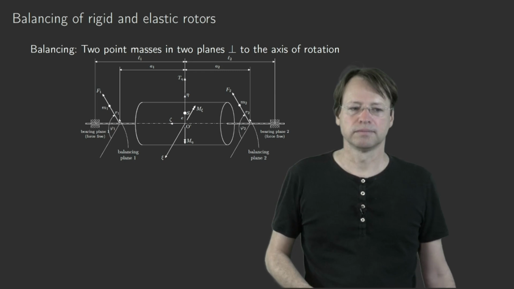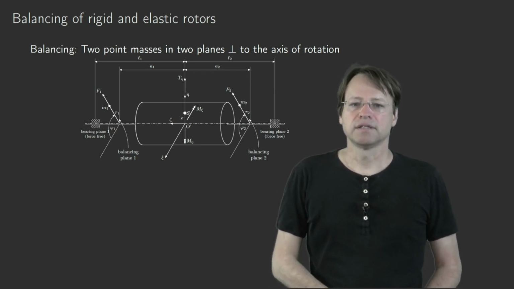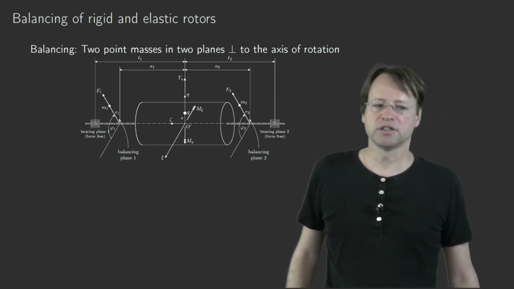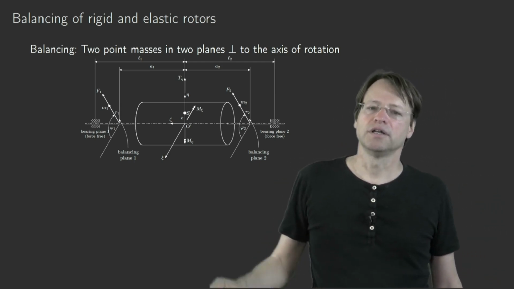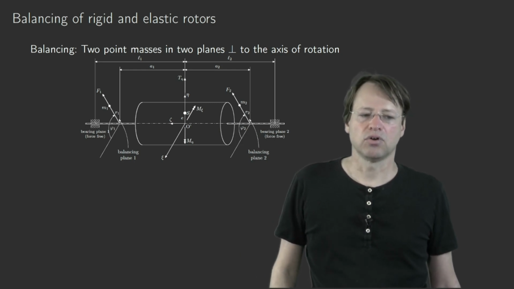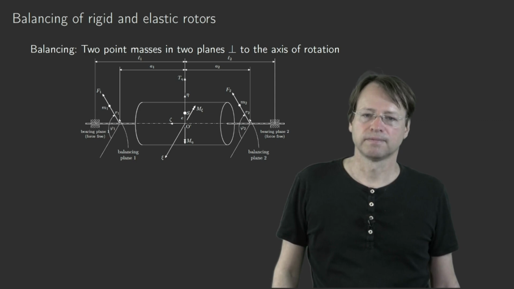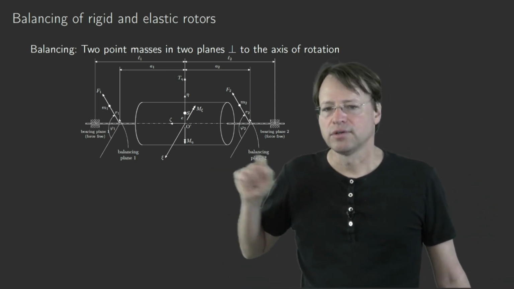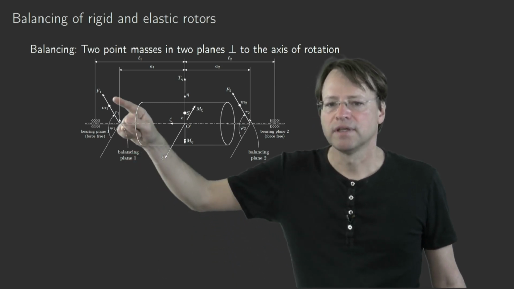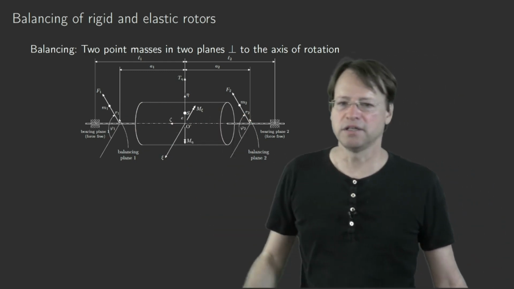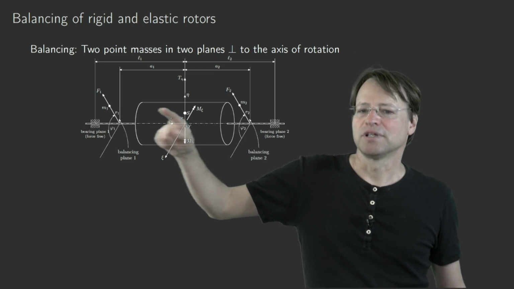Here's one proposal. A balancing can be achieved, at least for stationary operation, by two point masses in two planes that are perpendicular to the axis of rotation. If you look at that figure, you can find these two masses, these two balancing planes, to the left and to the right, because there's some space on the rotor to the left and to the right.